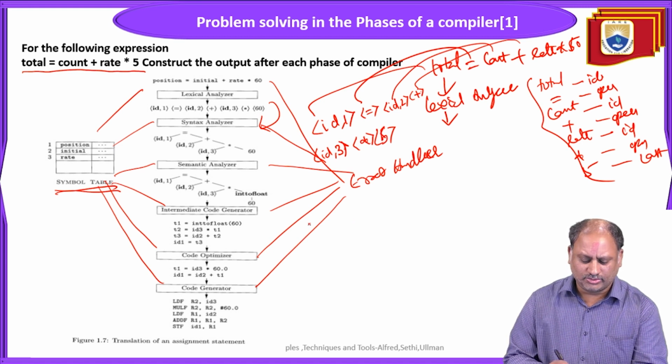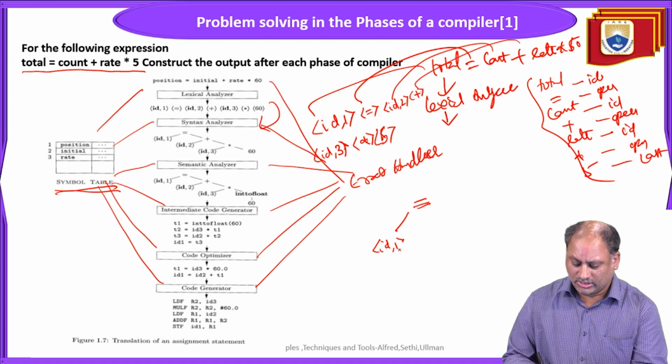The error handlers are used for the rectification of any errors for each phase while going through the processing output. Now the second phase, the syntax analyzer, is going to generate a parse-tree notation. Here, equal to has identifier 1, and identifier 2 is to be considered. So that is plus. Here plus has identifier 2 as the left child of this node, and as the right child we have one more star, then identifier comma 3, and here the constant, 5 or 60, which is to be represented.